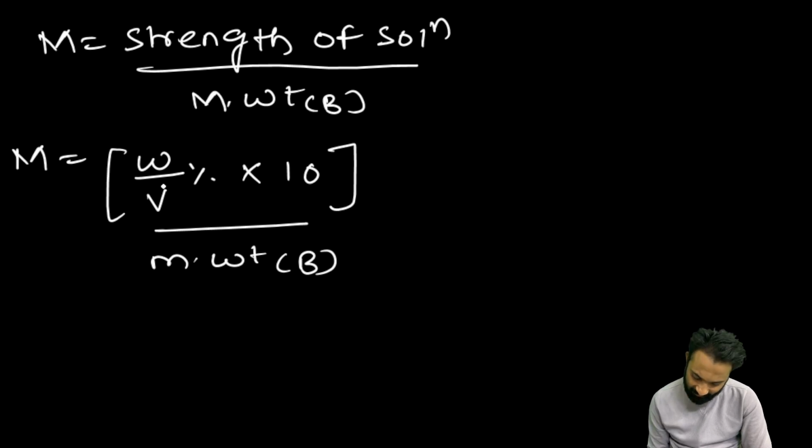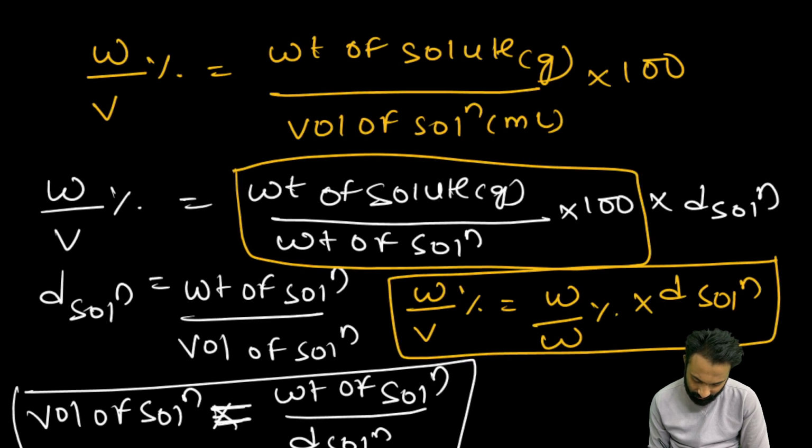Here for this one I derived one formula, in the starting itself. What did I derive? Weight by volume percentage is equal to weight by weight percentage into density of the solution.